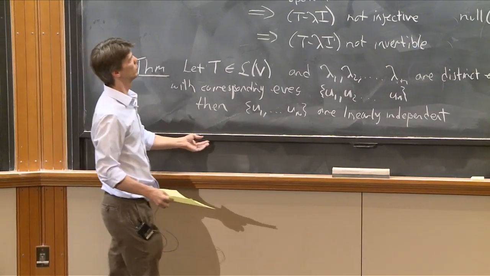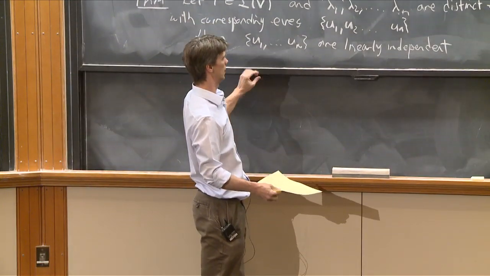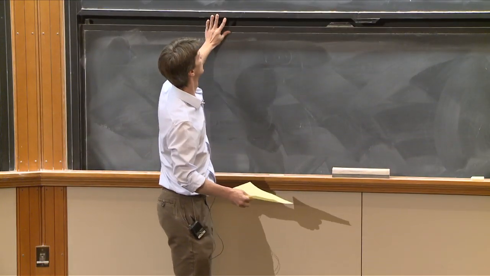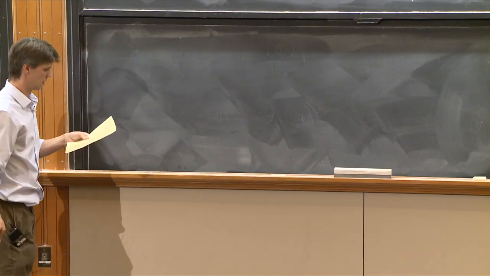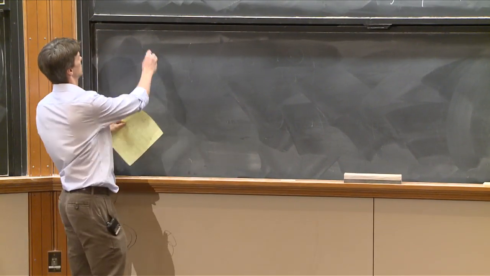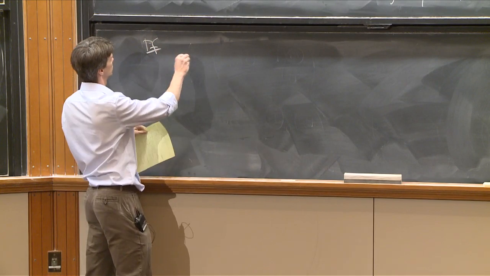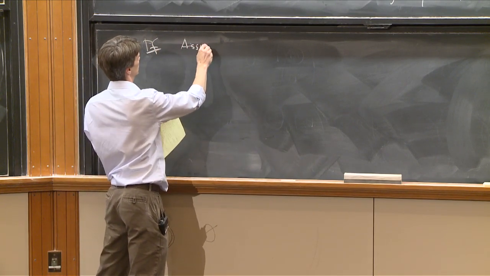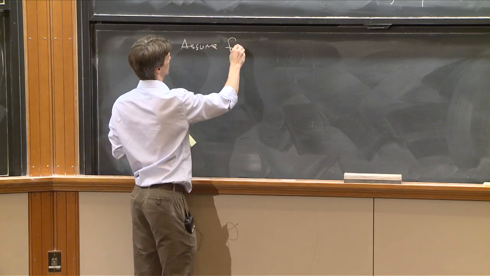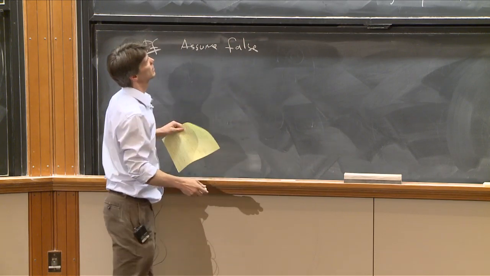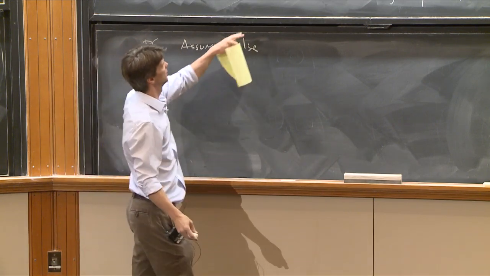So we can prove this one very quickly. So let's do that. Let's assume it's false. The proof is by contradiction, so assume it's false. And what does that mean? Well, that means that there is a non-trivial relation.